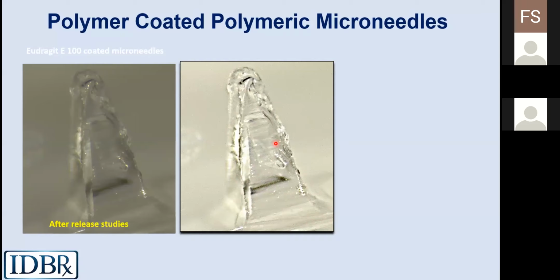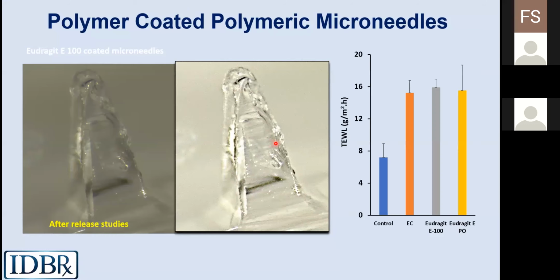After all this, we need to make sure that this microneedle would still perturb the skin, right? After coating, you are changing the morphometrics of the microneedle. So to check whether these microneedles are able to perturb the skin, we go back to our tool, TEWL, transepidermal water loss. All these are coated microneedles, ethyl cellulose coated and Eudragit coated. When we applied them on top of the skin, we were able to achieve significant perturbation of the skin barrier, leading to an increased TEWL value.